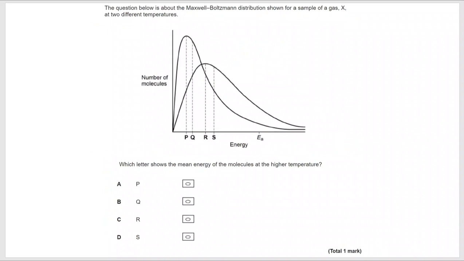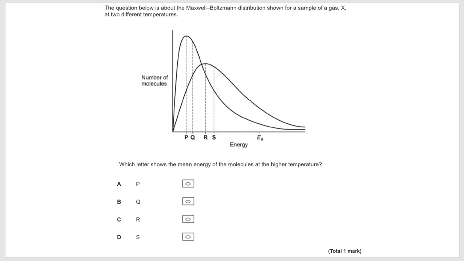Next question for you to try. So once again, we've got two different curves, one for lower temperature, one for higher temperature. We want to know the mean energy at the higher temperature. So we've not got the issue of picking off the y-axis. That's been taken off the table here.